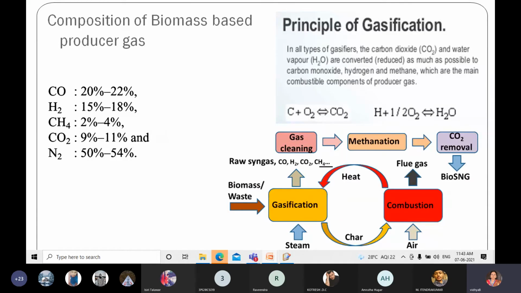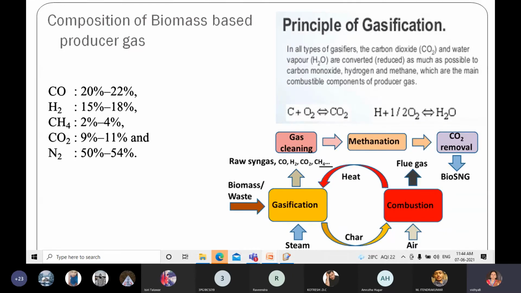This is about the theory of gasification. First, we shall know about the principle of gasification. In all types of gasifiers, carbon dioxide and water vapor are converted as much as possible to carbon monoxide, hydrogen and methane, which are the main combustible components of producer gas.